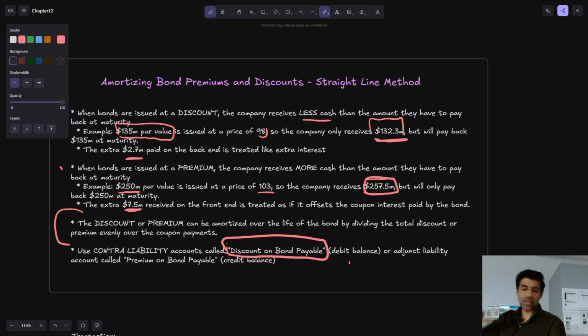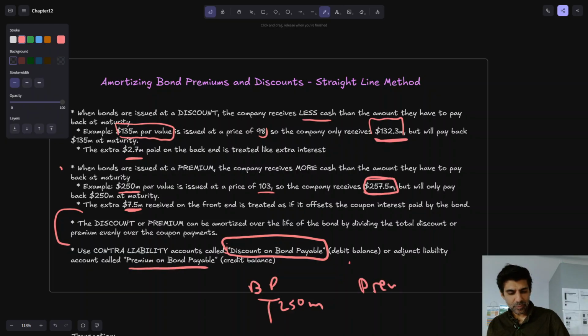Contra account. If we issue at a premium, the bond payable is always going to be, in this case, 250 million. If you issue it at a premium, you're going to have an adjunct liability account. So what does that mean? It's going to be called premium. Unlike a contra account that has a debit balance, this is also going to have a credit balance.